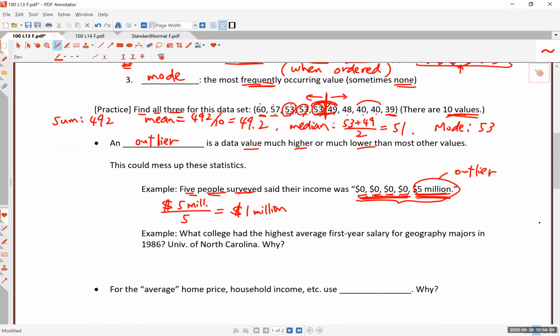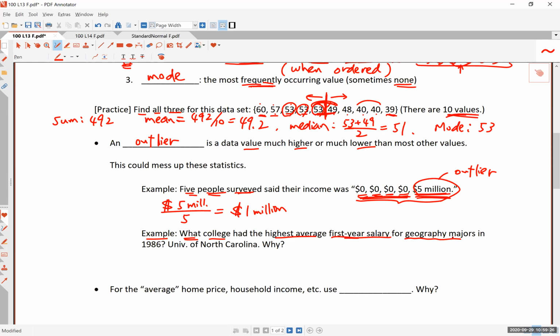Now, here's another example. So this actually happened back in the 1980s. A survey was done, I think, by the American Geographical Society. What university had the highest average first year salary among the graduates in the geography majors? Now, how many geography majors do you know?